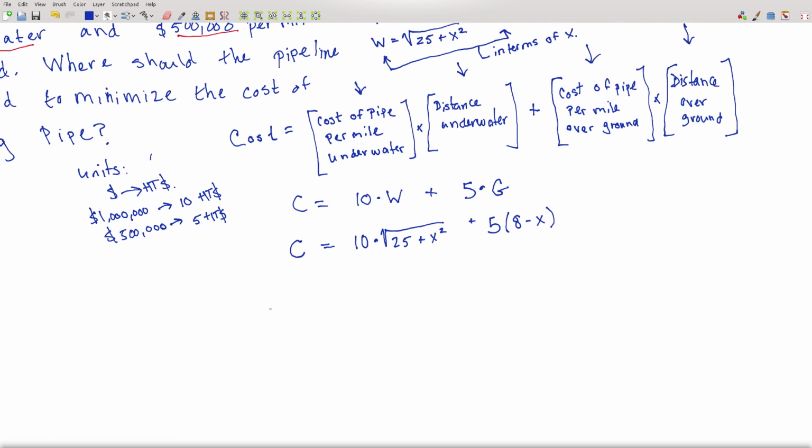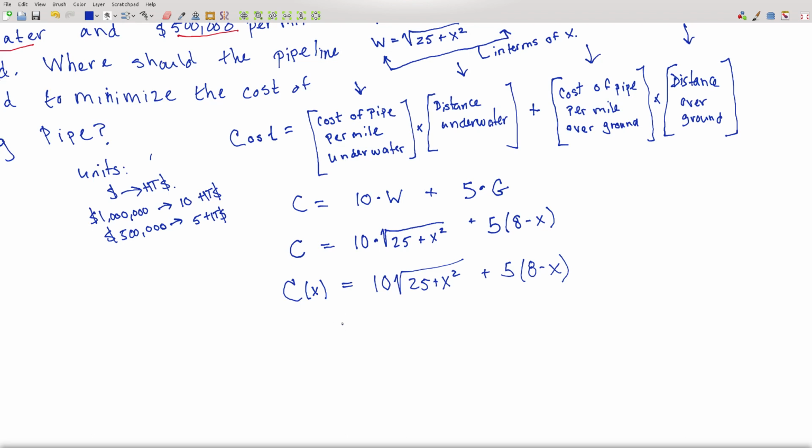This is an equation, but it's really also a function, because it gives me the cost as a function of x. C of x equals 10 times the square root of 25 plus x squared plus 5 times 8 minus x. So that's very good. And this is a function we can now apply calculus to, to actually answer the question that was originally asked.